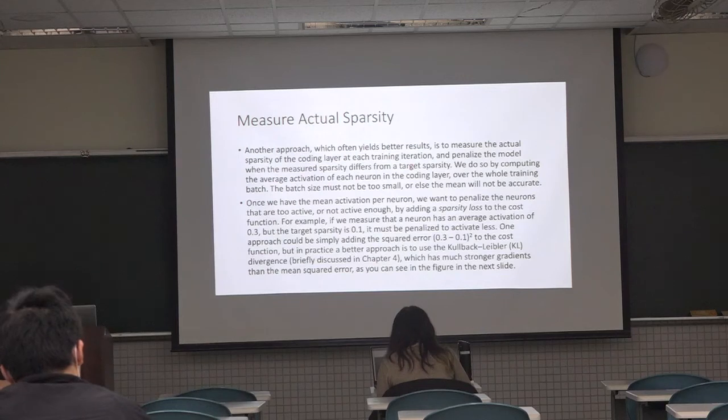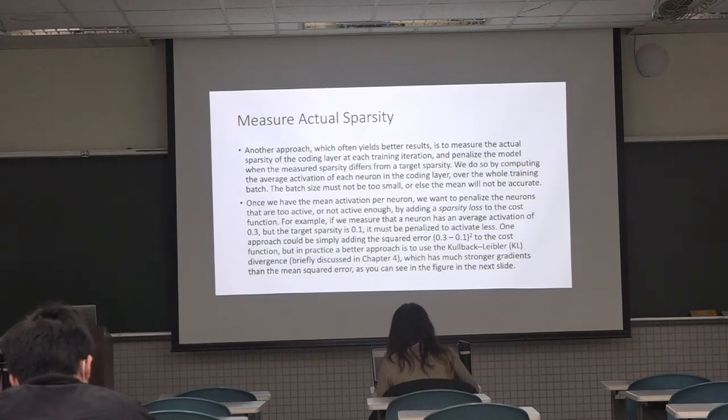So we already talked about how to measure the sparsity, but how do we penalize? Once we have the mean activation per neuron, we want to penalize the neurons that are too active or not active enough, by adding a sparsity loss to the cost function. Say we measure a neuron with an average activation of 0.3, but the target sparsity is 0.1, so 10%.